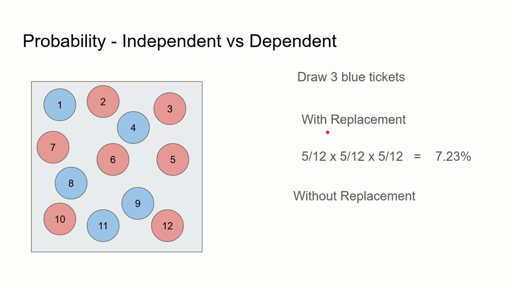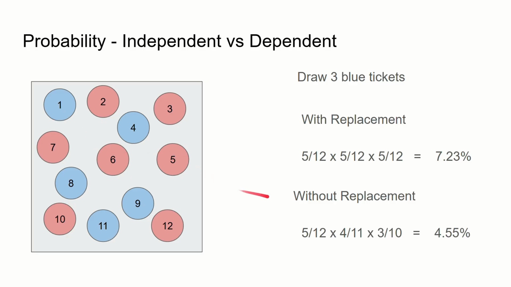Without replacement, first we would go in, there's 5 blue out of the 12 total. We'll grab one of them. But now, after doing that, 5 out of 12 chance, now there's only 4 out of 11. And so the chance that we grab another is 4 out of 11. But now there's only 3 out of 10. And so the chance that we grab the third one is 3 out of 10, after 2 have already been removed.